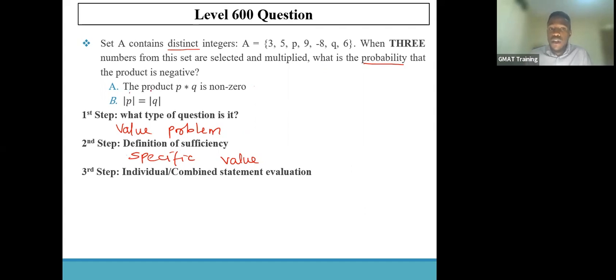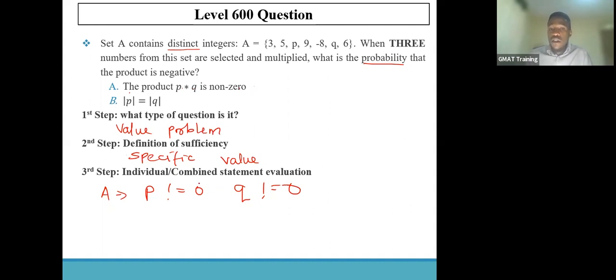You're told that the product P times Q is non-zero. Looking at statement 1, it means that P is not equal to 0 and Q is not equal to 0. The two values can never be 0 since their product is non-zero.